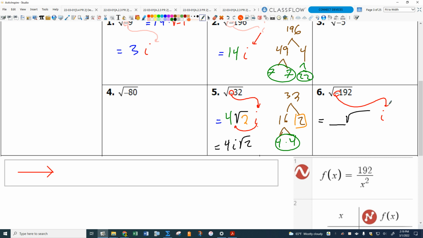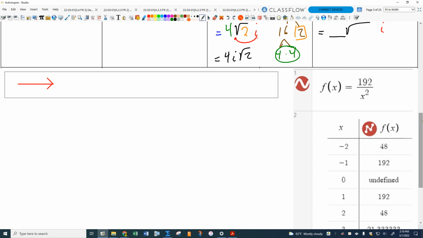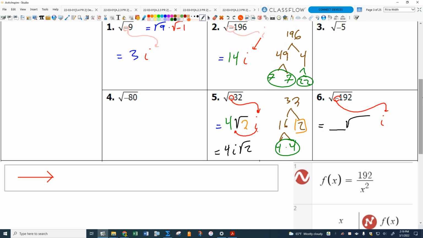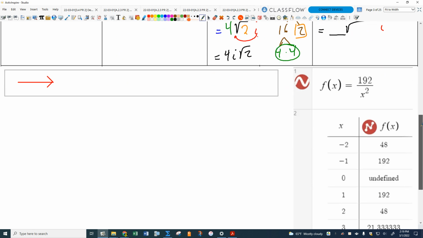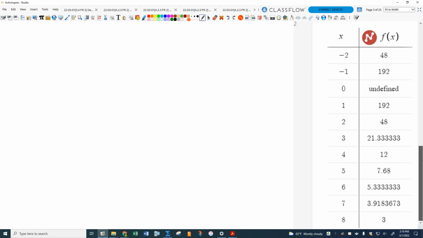Remember how to do this on a graphing calculator or on Desmos? I could just set up a function that's the radicand, the 192, whatever's under the radical, divided by x squared, and just go down the list until I've got a number in the right column that I know is not going to give me any couples. And so this tells me that 192 divided by 8 squared is 3.